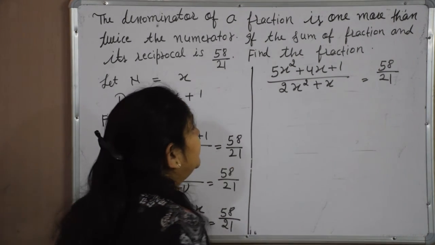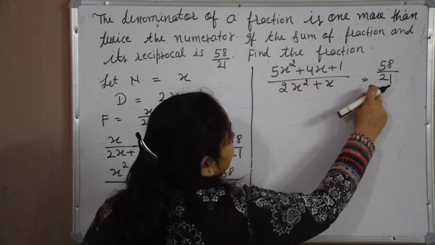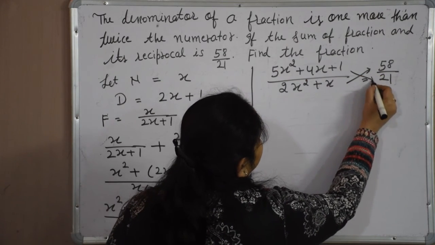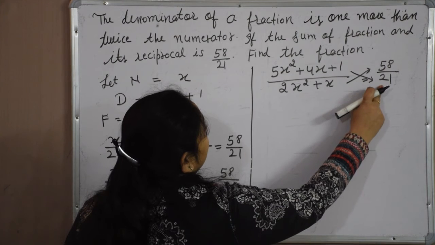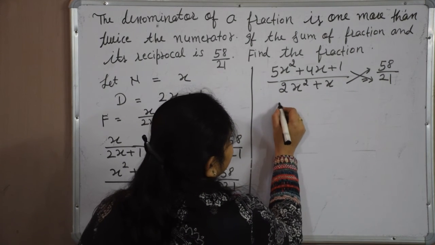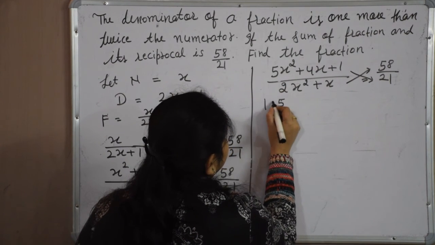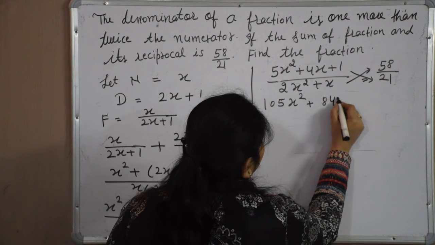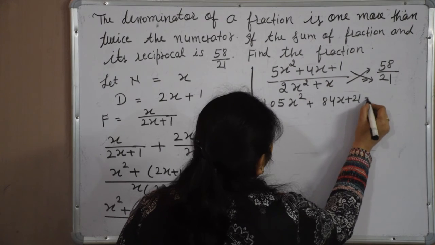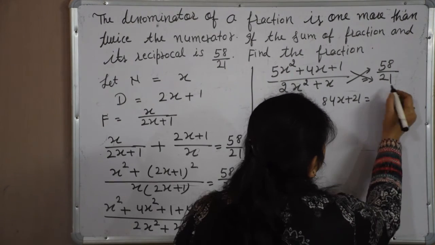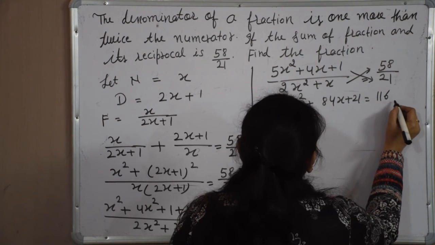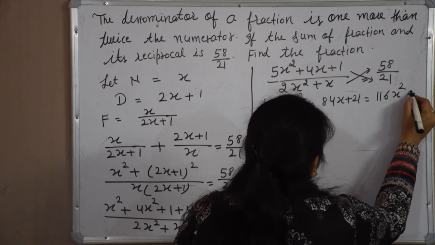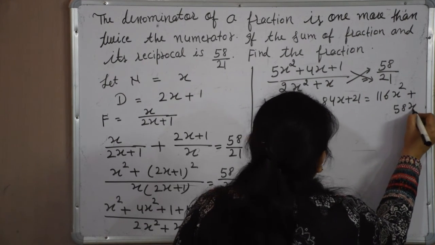Now by cross multiplying, we will multiply this equation by 21 and this equation by 58. After multiplying with 21 we are getting 105x square plus 84x plus 21 equals 116x square plus 58x.